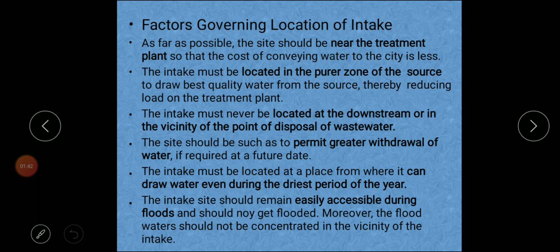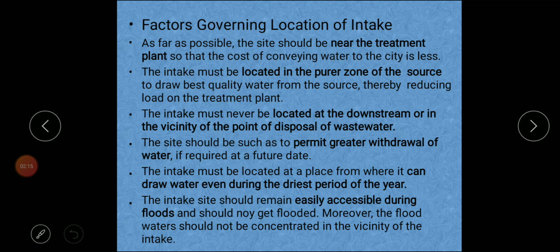Some of the factors governing the location of an intake. So here are the factors to be considered while locating the intake. Let us see them one by one. First, as far as possible, the site should be near the treatment plant, so that the cost of conveying water to the city is less. It means that if the site is near the treatment plant, the cost of construction of the intake is less.